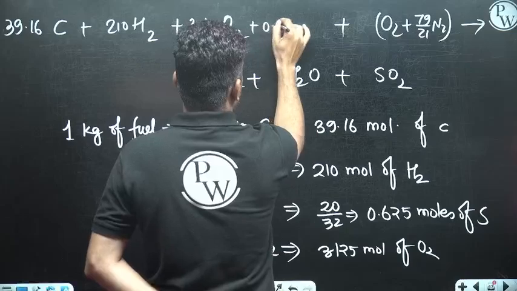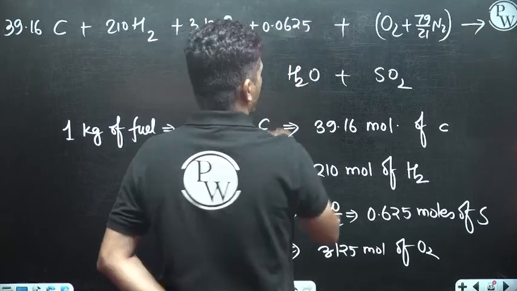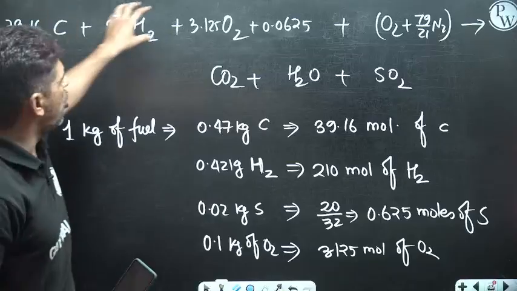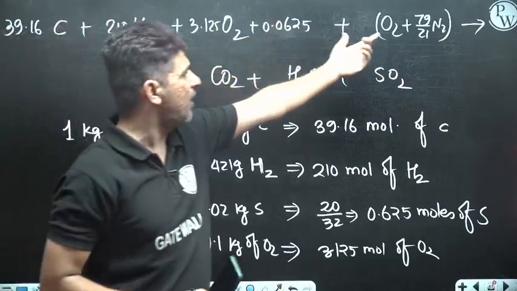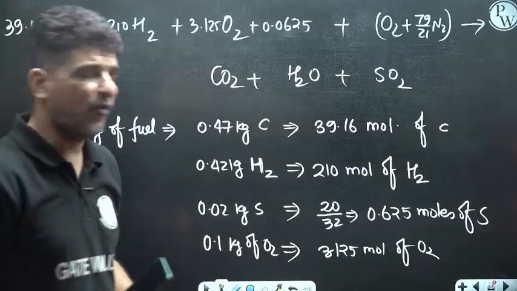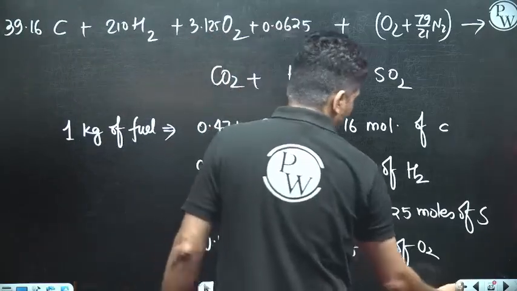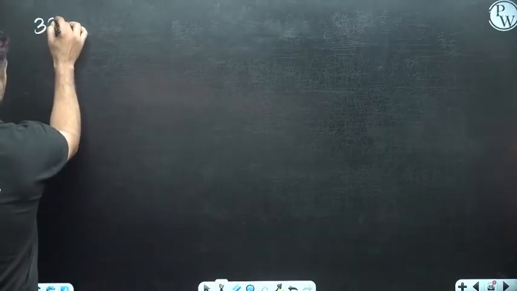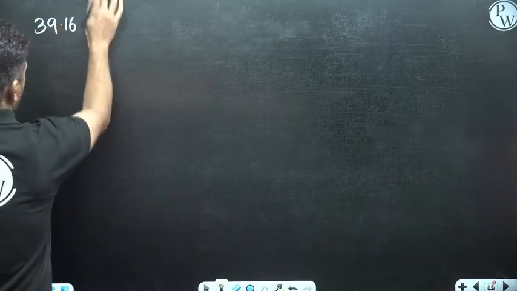Plus 0.625. So now corresponding to all these moles, you can calculate what will be the amount of oxygen required. How much oxygen will be required? So you have 39.16 moles of carbon.